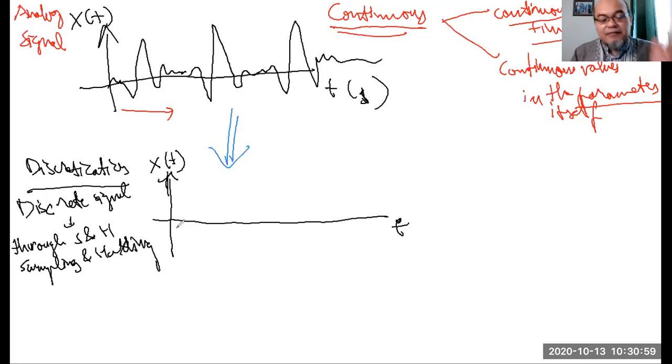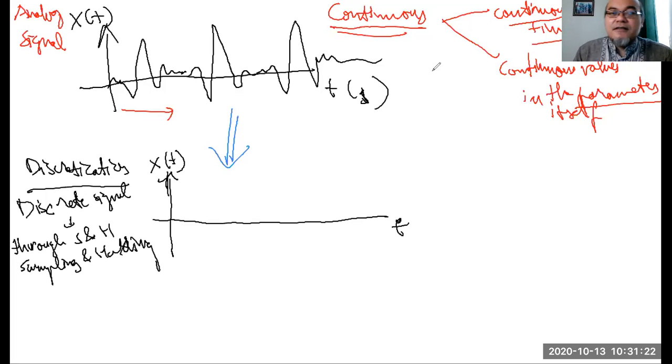It means every 1 millisecond, the continuous signal is being captured or sampled. Hold then means being stored somewhere in the memory or in a register, in the digital electronics. Then capture the next one, etc.